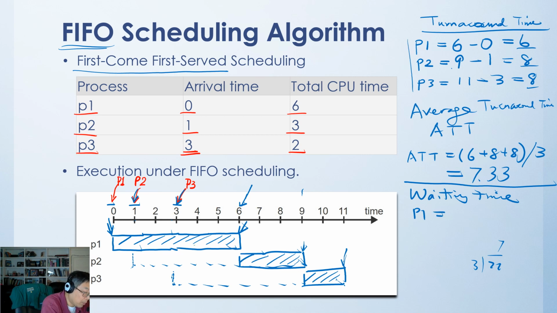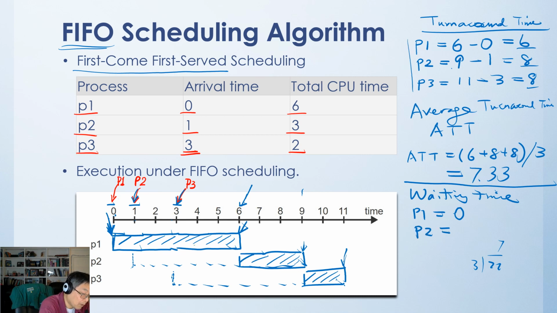P1 arrives at time 0, and it gets the CPU immediately because P1 is the only process. So the waiting time for P1 is 0, right? It arrives at time 0, and it gets the CPU at time 0. So P1 doesn't wait for any time.